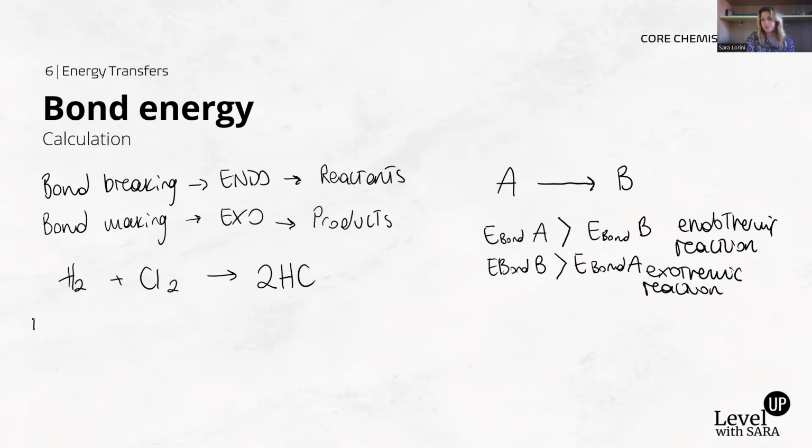We're given the values of the bond energies. The bonds would be H-H, H-Cl, and Cl-Cl, and these are the values: 436, this is 432, and this is 243. By the way, we're talking about energy in kilojoules per mole.